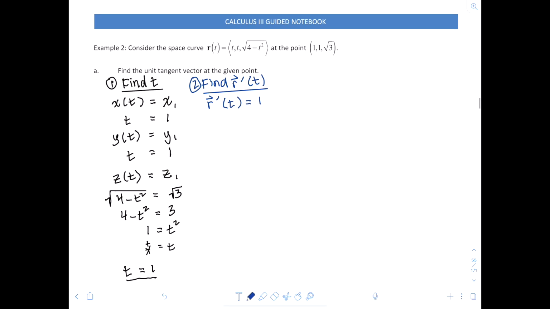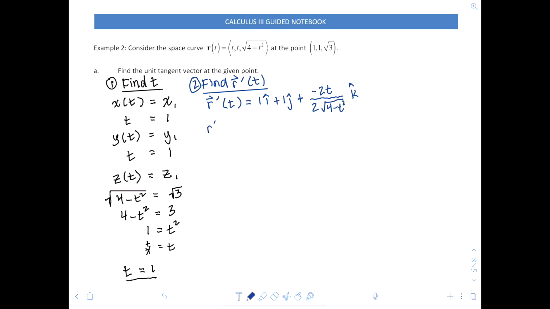So we're going to have 1i plus 1j, because x at t and y at t were t. Now z at t was root 4 minus t squared. So we're going to end up getting plus negative 2t over 2 times the square root of 4 minus t squared times k.